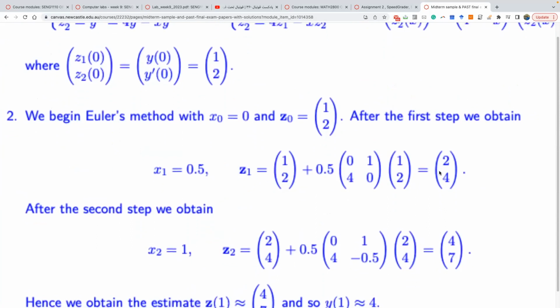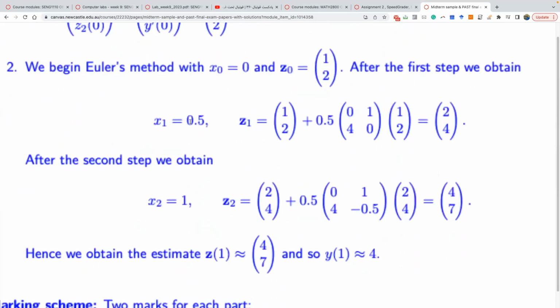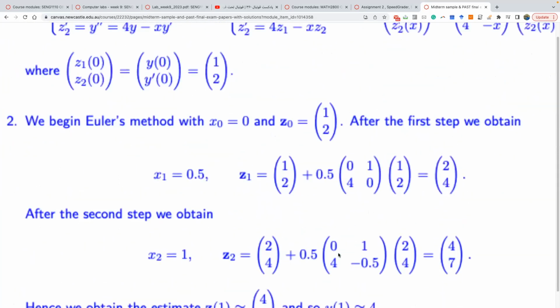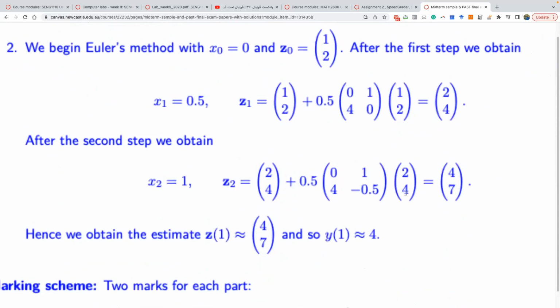Now for another step: Z at x1 equals the previous step result, 2, 4, plus h times f at the new x. The new x has moved from 0 to 0.5.